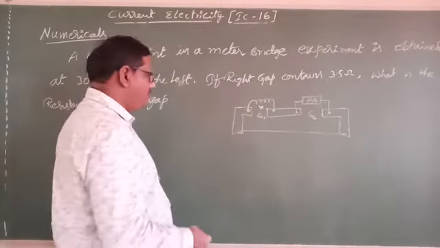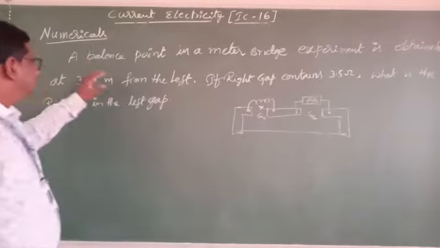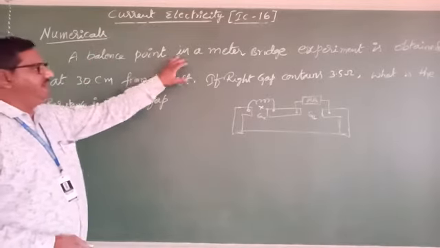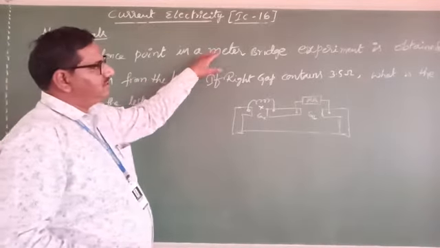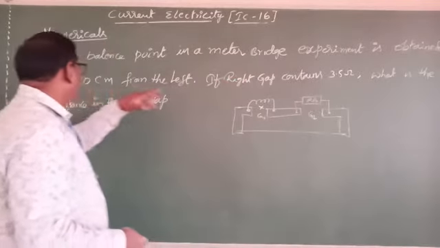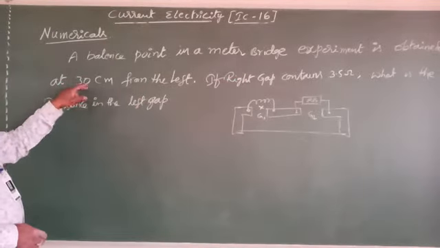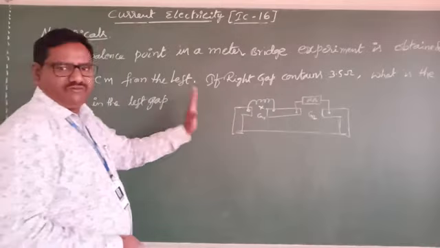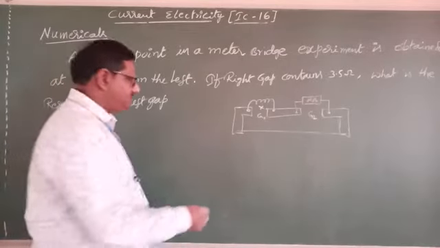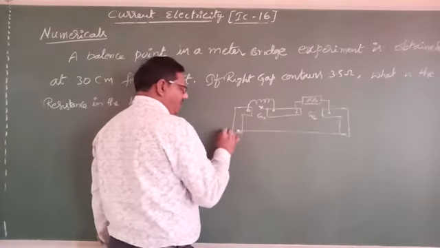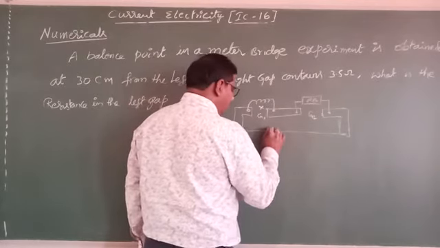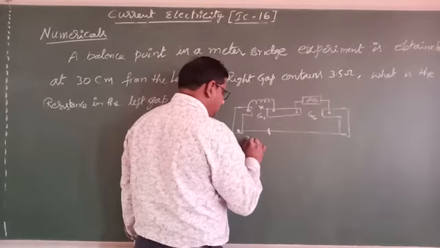Now what is the sum given? A balance point in a meter bridge experiment is obtained at 30 centimeters from the left side. That means from point A to here, 30 centimeters.